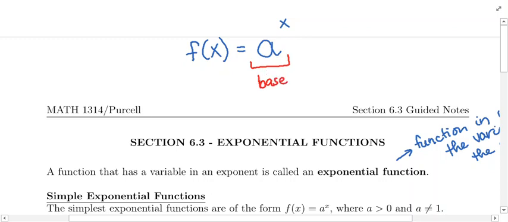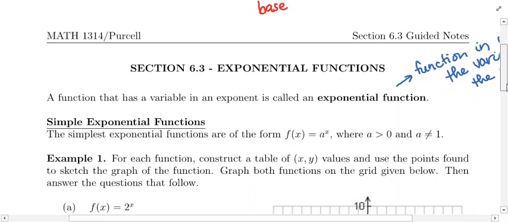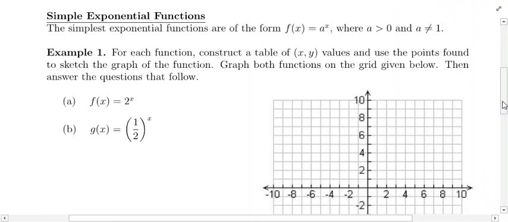So the base here would be a. A is going to be some number, and this is called the exponent or the power. Keep that in mind if you hear these terms base or exponent or power. Again, we're starting off with very simple exponential functions where you're basically going to have a number raised to the x power.